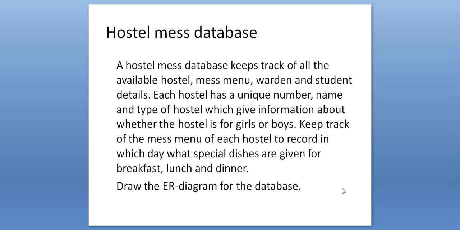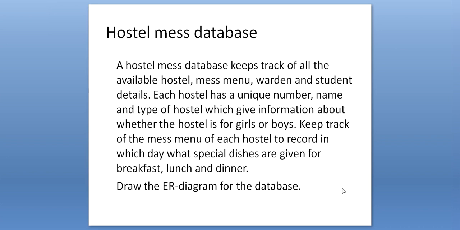Here I'll just give some hints about the entities and the relationships between the entities from the requirement specification, and you just try to design the ER model for this particular database by yourself. Okay, so we have these four entity types.